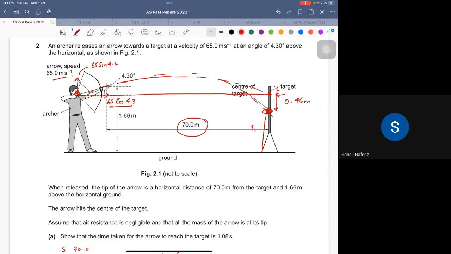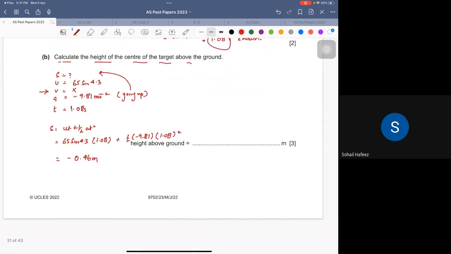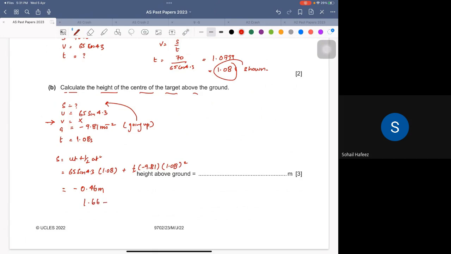And if the total distance from the target was 1.66, I only want to find this much height, so I can subtract them. So 1.66 minus 0.46, and that's going to be 1.2.